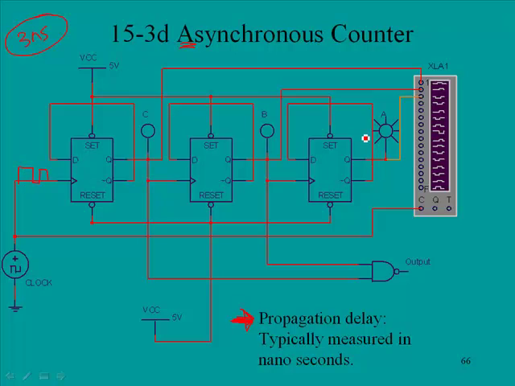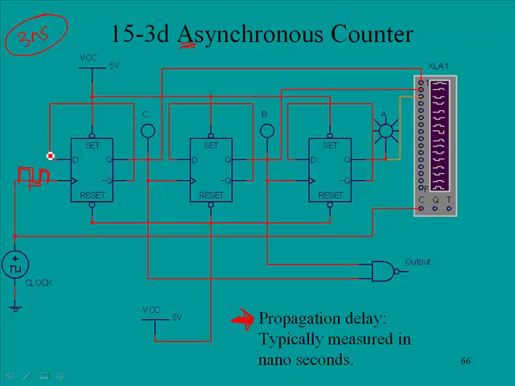But if we have a large circuit, say 20 or 30 flip-flops in a row, then suddenly the nanoseconds begin to count up. And if we have a high-frequency input, there is the very real possibility that you begin to send pulses in, and before you get to the end of the cycle, before it's completely clocked, a new cycle is occurring. And so in this case, you can lose counts and it can become problematic.